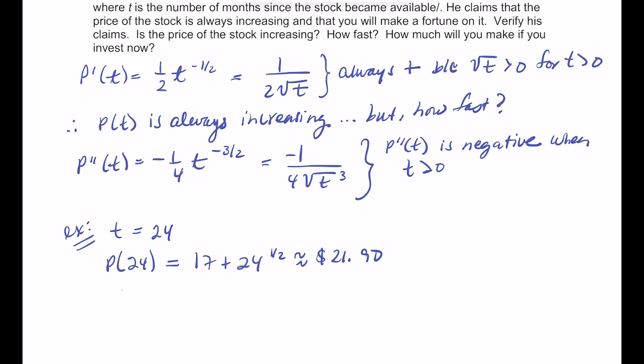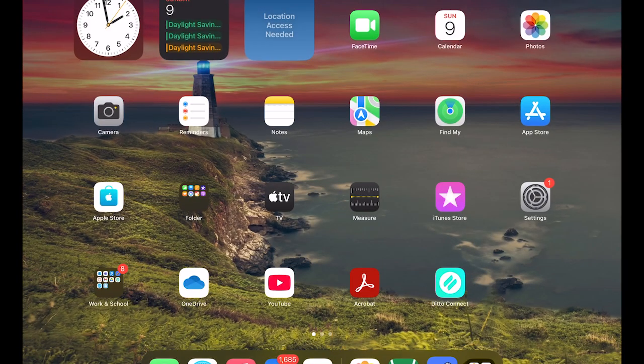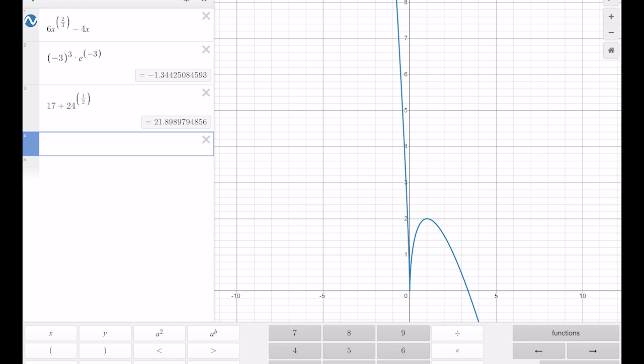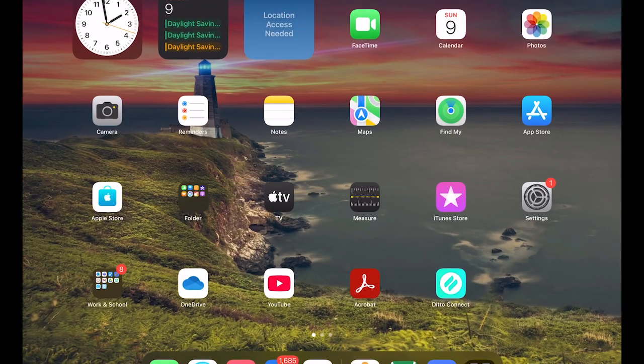How about a year after that? So a year after that would be another 12 months. So that would be 36 months. This time I'm going to find P of 36. So now it's going to be 17 plus 36 to the 1/2 power, which is only $23.